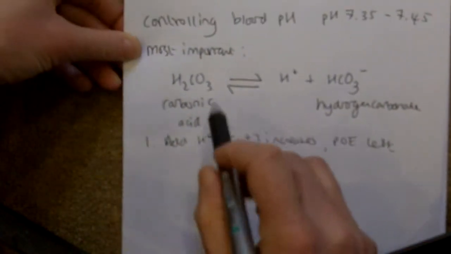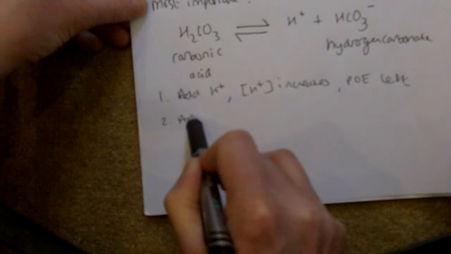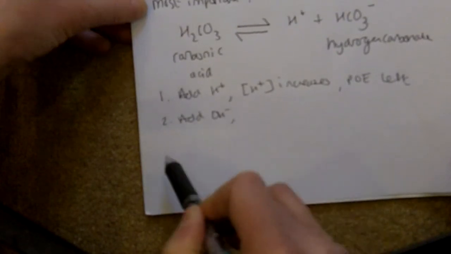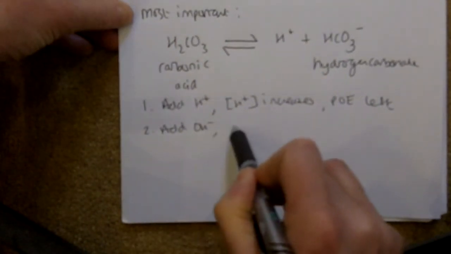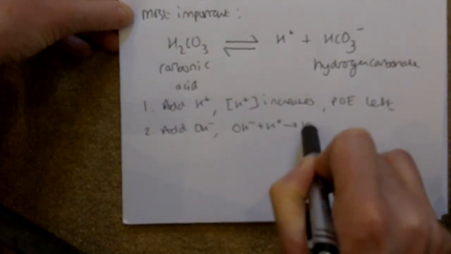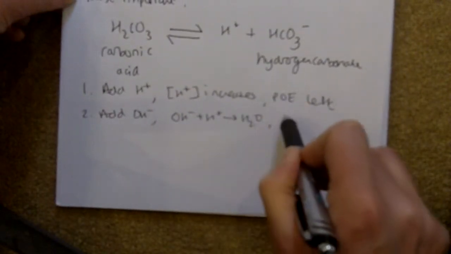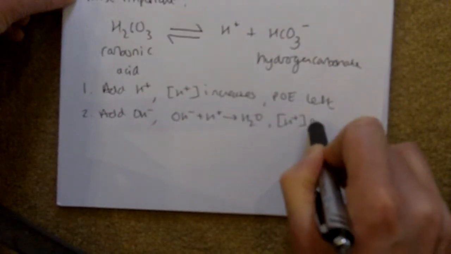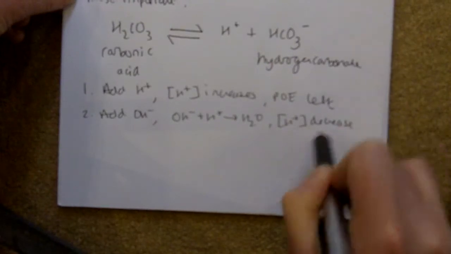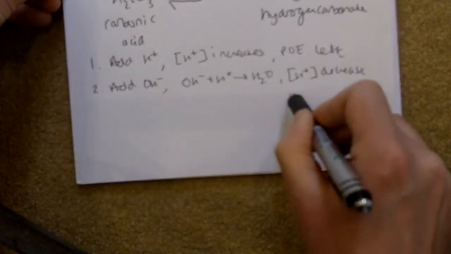But there's a lot of carbonic acid, that's okay. And then similarly, if there's an alkali, the alkali will react with the H plus to give water. The acid concentration will therefore decrease, and the position of equilibrium will move to the right.